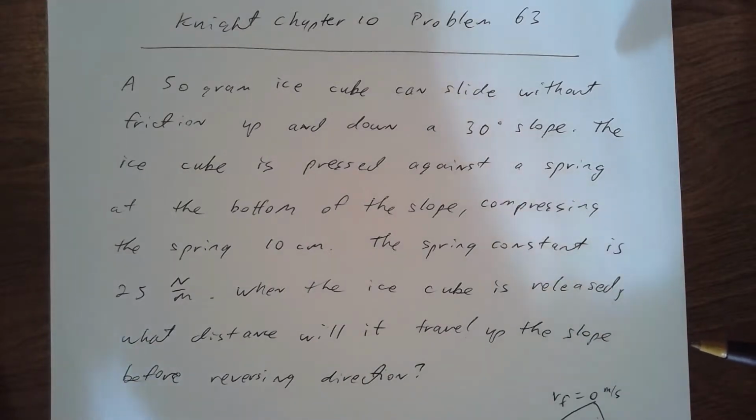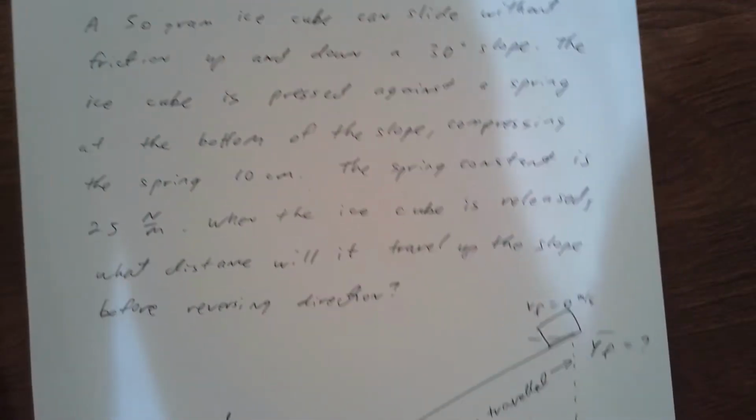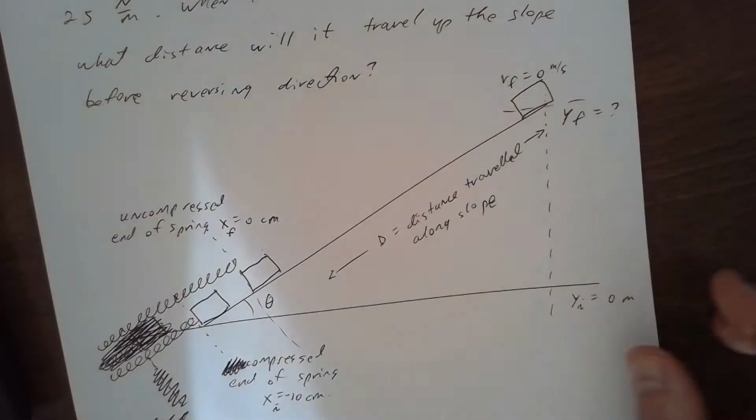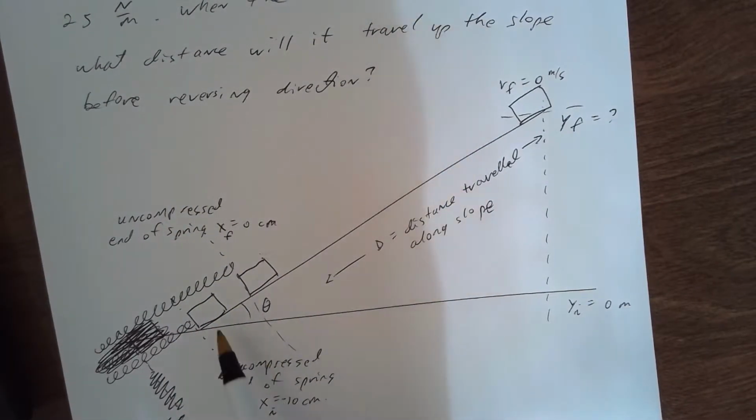So it's a really good idea to make sure you can draw a picture, especially in a problem like this where there's a lot of things going on. And I'm interpreting this problem with the picture shown here. I'm interpreting that at the beginning of the problem I've got an ice cube at the very bottom of the slope, and the spring is already compressed, and I'm showing that here.